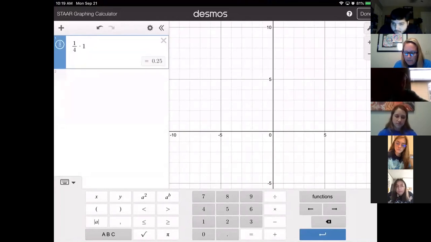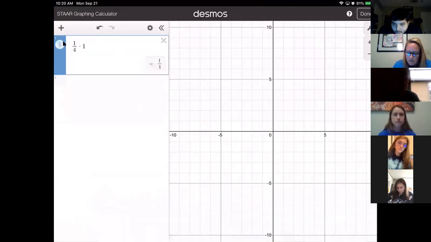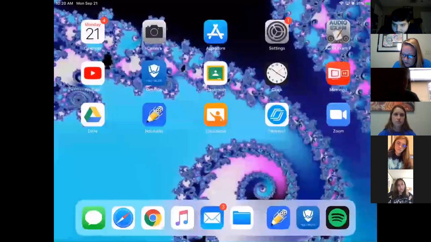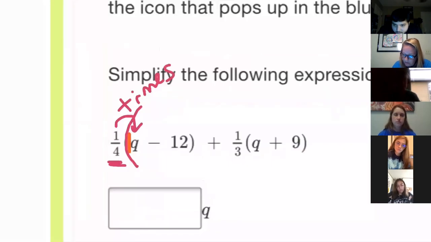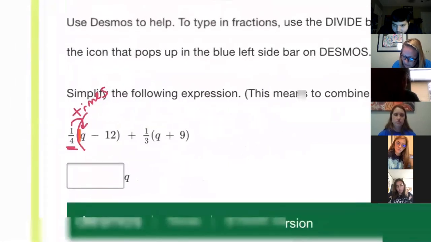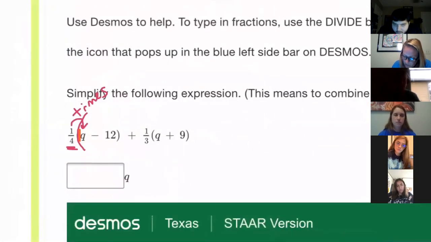Now, there is a button, can y'all see my mouse right here, that will change it to a fraction for you. In algebra, we like fractions, okay? So we need our fractions. So we have 1/4, and we write it out to the side, 1/4 Q.